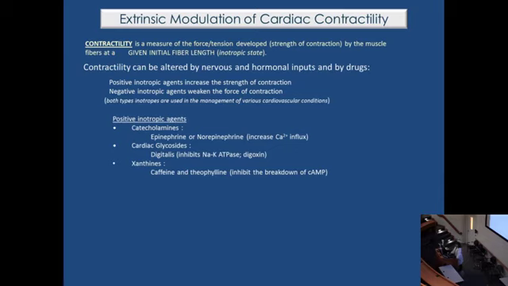I have here some examples of the positive inotropic agents: catecholamines, cardiac glycosides, xanthines, and I also listed some examples for the negative inotropic agents. As you can see, whether they increase or decrease contractility, they can accomplish that through different mechanisms.